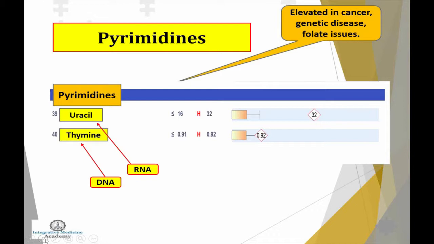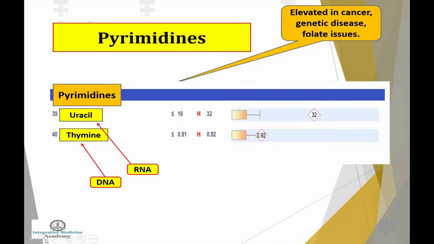In most cases that I've seen with the organic acid test, and again, I'm going to go back to that 80%, about 80% of the time in general, the pyrimidine section is normal, okay? When there is an elevation, almost 90% of the time, it's the uracil that's high.